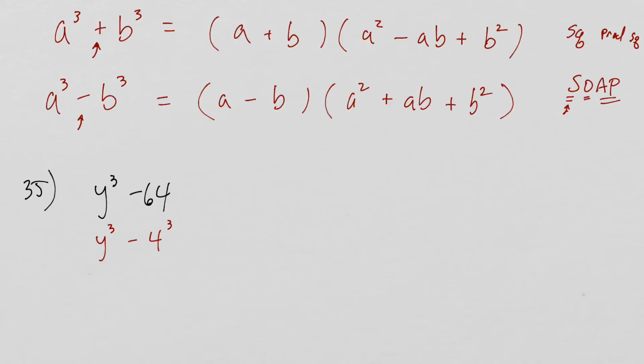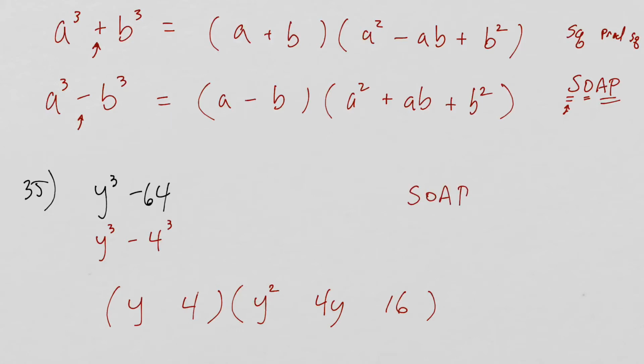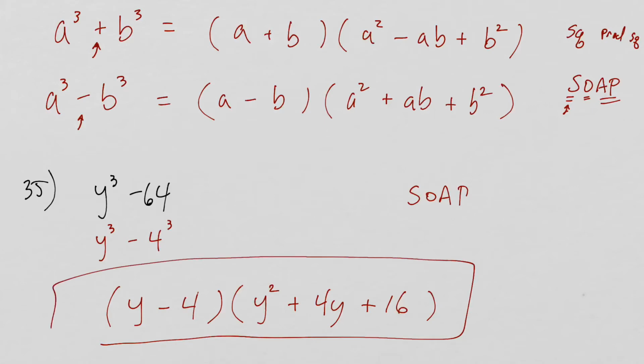So we're simply going to make a binomial times a trinomial. We'll put the cube root items here, so y and 4 go here, and then we'll go square, product, square. And then we'll use the acronym SOAP. So the same, opposite, always positive. And there's our answer. So there's a little formula you have to remember for the sum or the difference of two cubes, and then you can just apply that method.